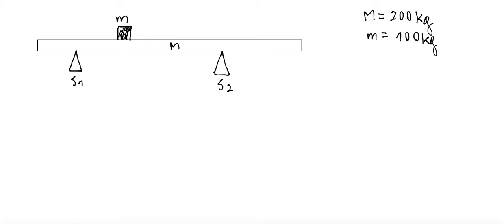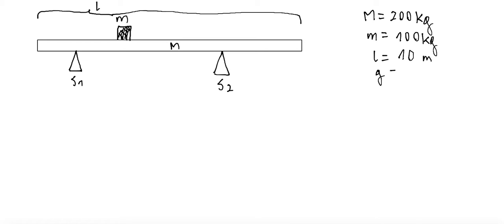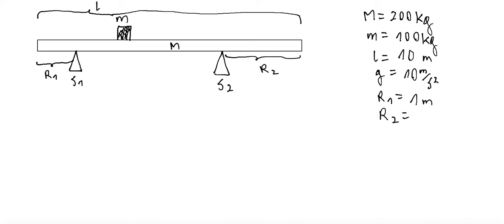The length of this rod is L, and it will be easy if it's, let's say, 10 meters. Let's of course use g as 10 meters per second squared. And let's imagine that the first support is located at distance R1, which is equal to 1 meter from the left end of the rod, and support 2 is located at distance R2, which is equal to 3 meters from the right end of the rod.